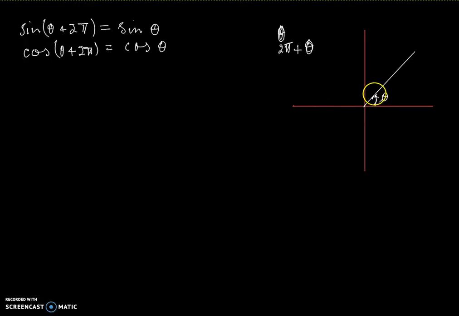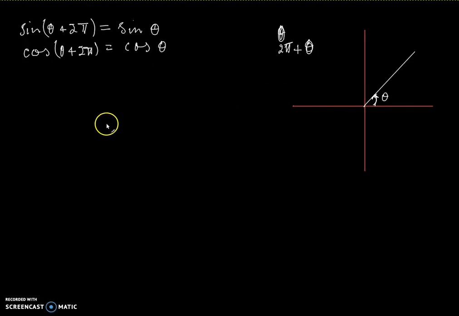It means the function goes around this circle, and it takes 2 pi for the function to again start behaving in the same way, and then you have another 2 pi for the function to behave in the same way, and so on and so forth, and you can basically revolve forever. So that's the period 2 pi.